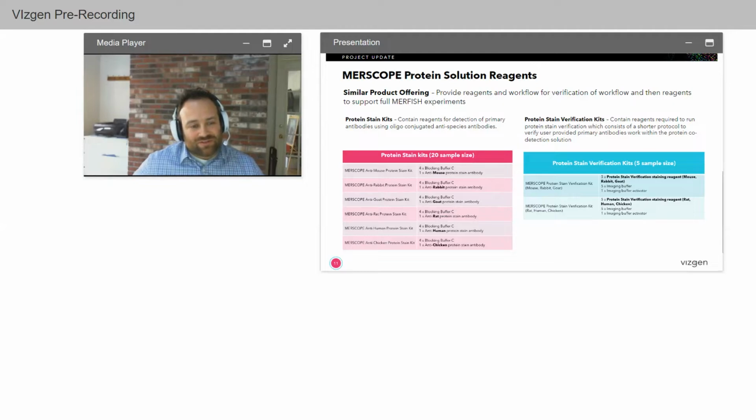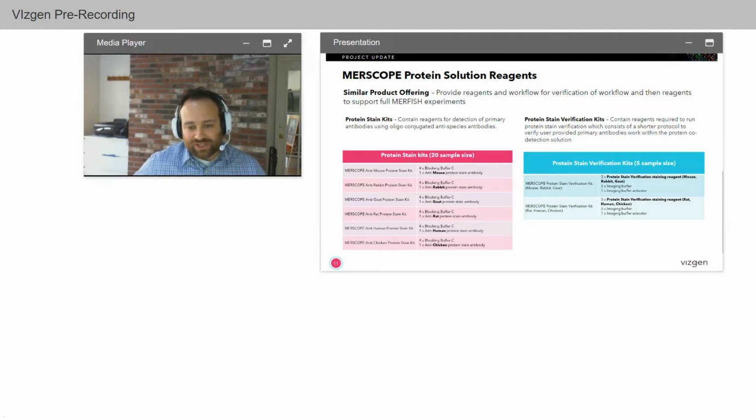So here, what we also developed in addition to the protein stain kits is protein stain verification kits. These kits contain the reagents required to run through the protein stain verification, which is a shorter overall protocol that allows users to first test that the primary antibody they're going to be using can be used in conjunction with our protein stain kits.